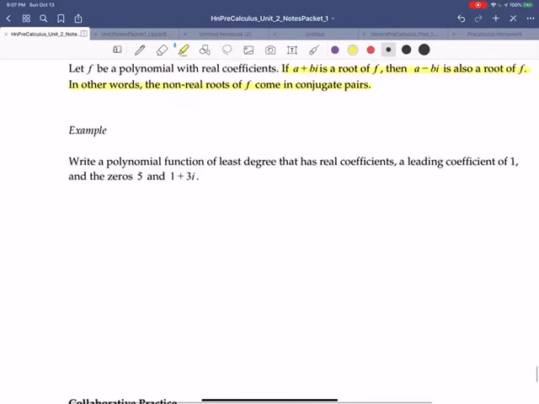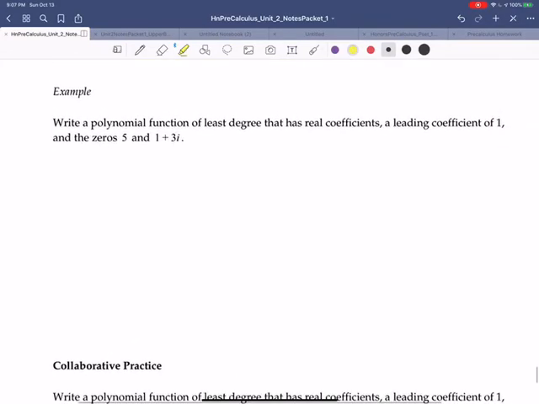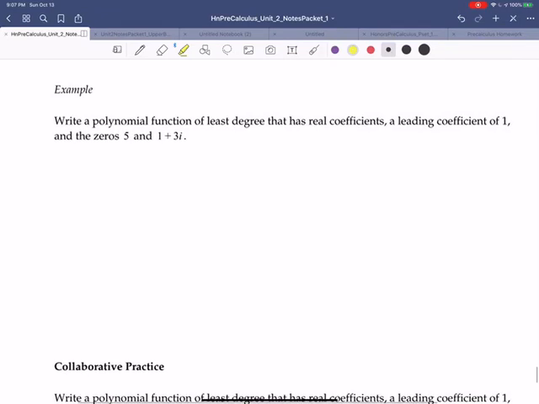So here we have an example problem that uses the complex conjugate pair theorem. Write a polynomial function of least degree, smallest possible degree, that has real coefficients, a leading coefficient of 1, and the zeros 5 and 1 plus 3i.